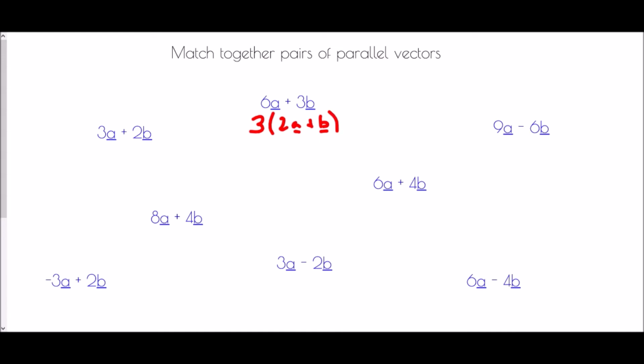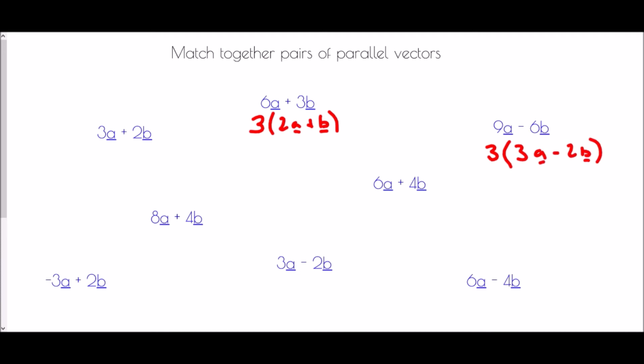So now any other vector on the screen here which can be written with 2a plus b as a common factor will be a parallel vector. In 9a take away 6b, well again 3 is a common factor there, giving 3a take away 2b.